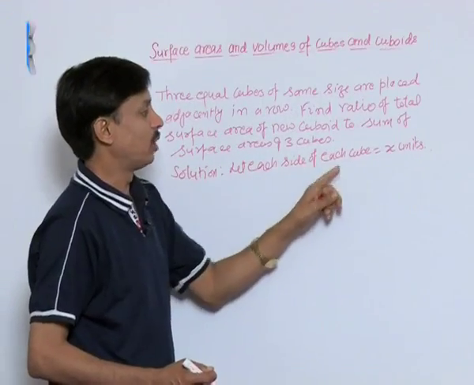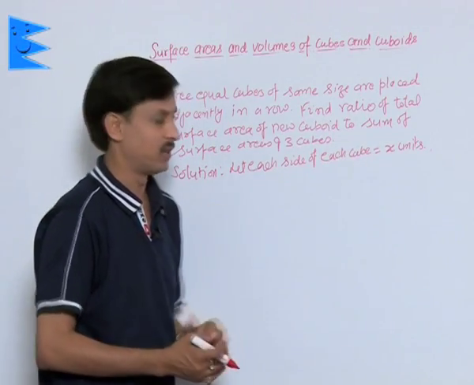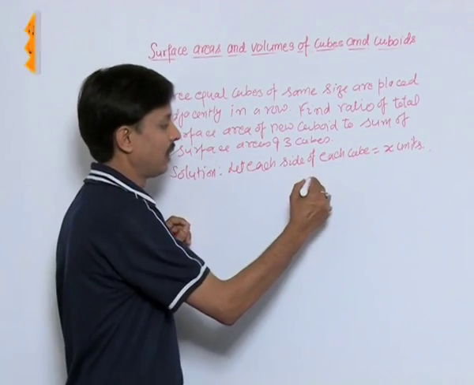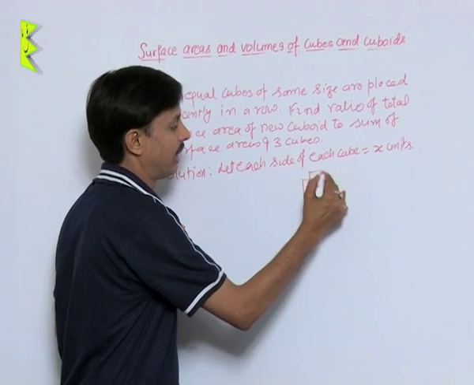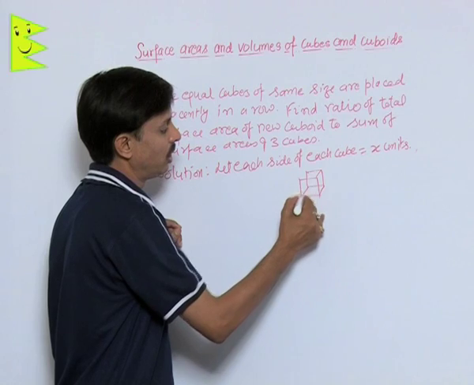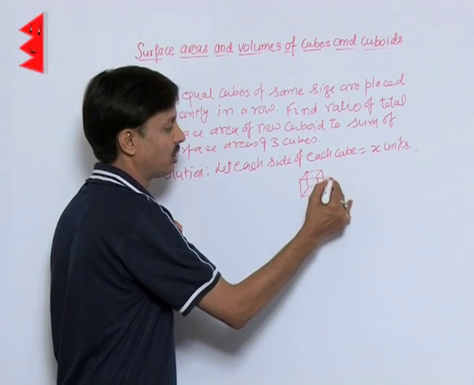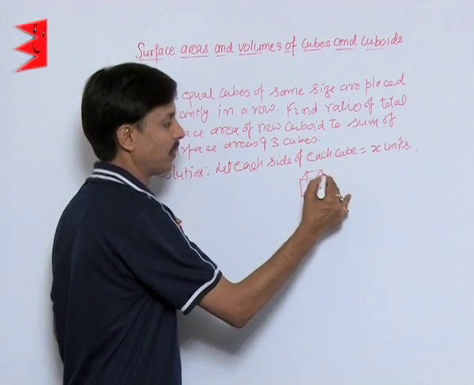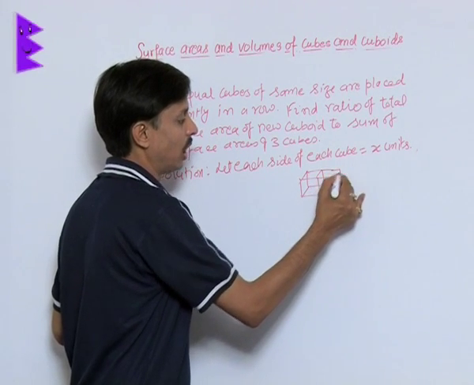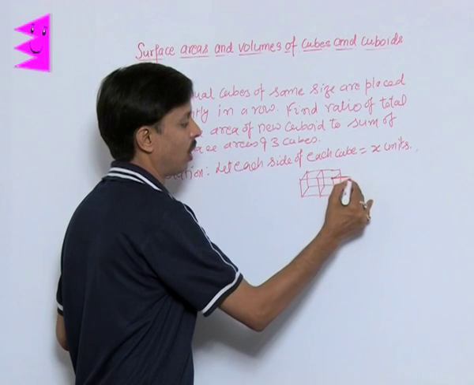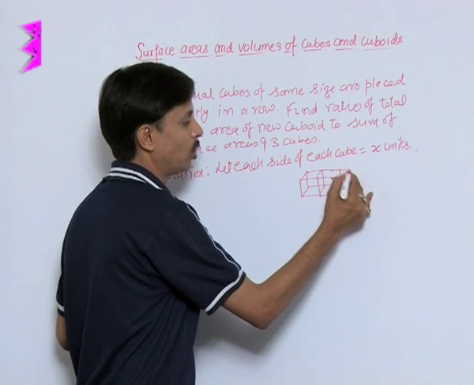Let each side of each cube be x units. If I have three cubes, each having the side x units, and these three cubes are placed adjacently, then what is going to happen? The new shape that will form will be a cuboid.